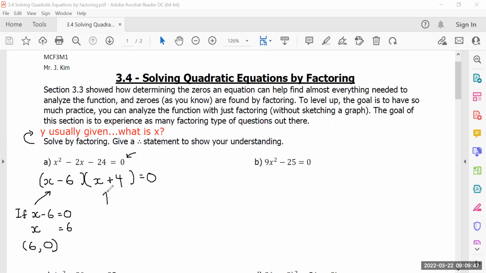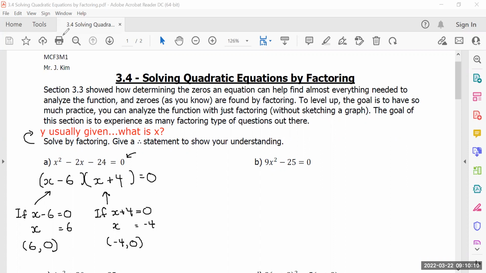If x plus 4 was the bracket that made this entire product a 0, that means x must have been a -4. And so these are my 2 points.